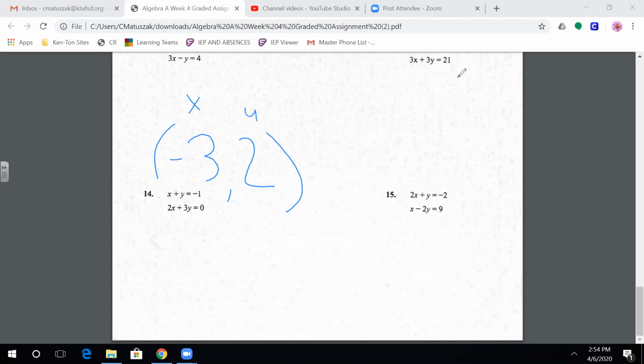That's x, that's y. We already used the top equation in order to solve for x, so now I am going to use the bottom equation in order to check it.